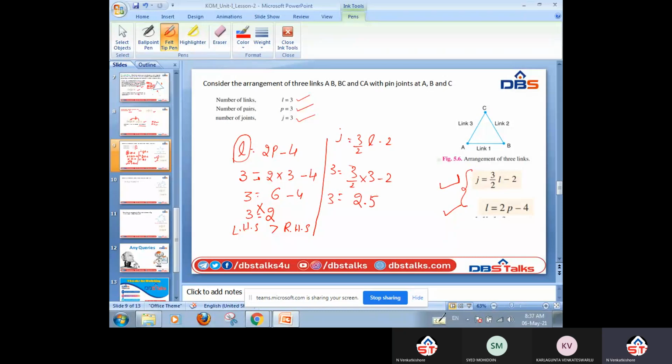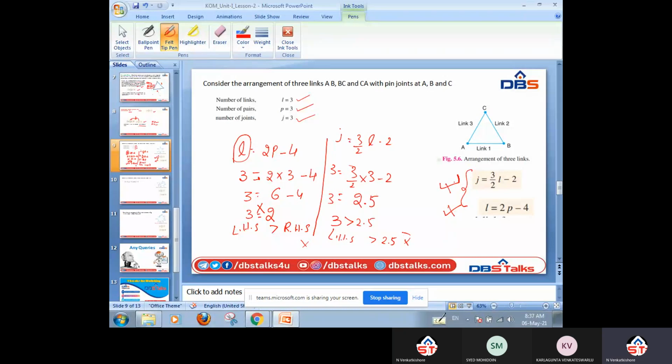So here 3 is greater than 2.5, that is LHS is greater than RHS. In both the conditions, it is disqualified.